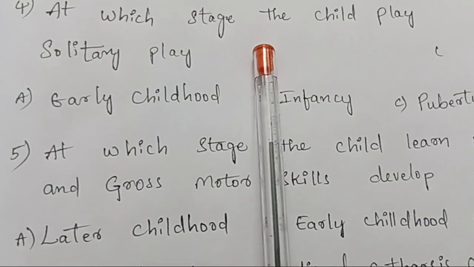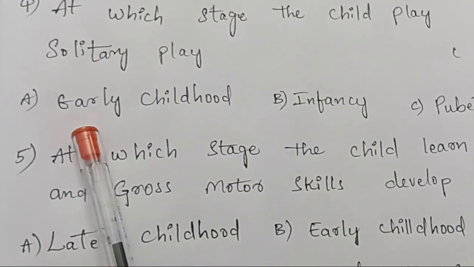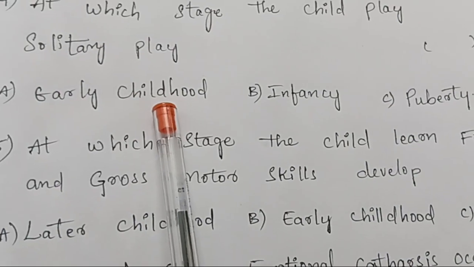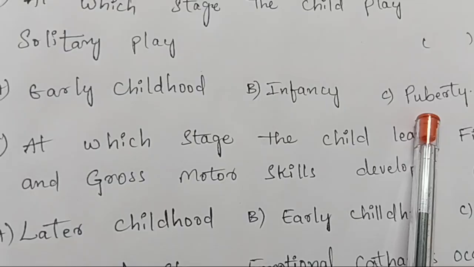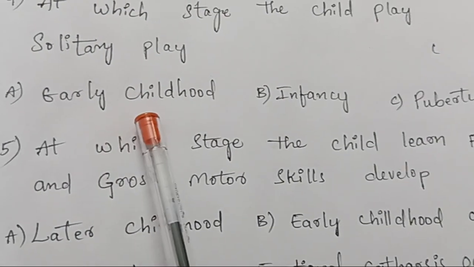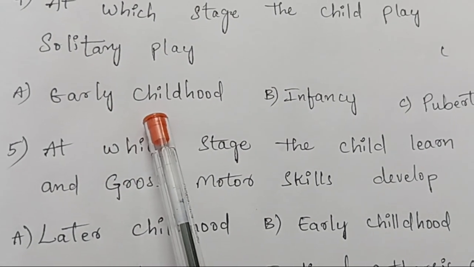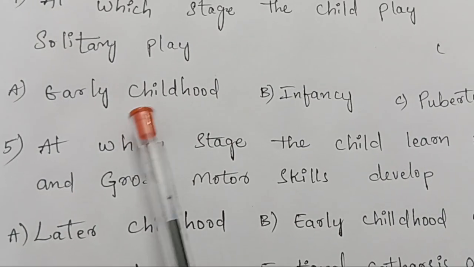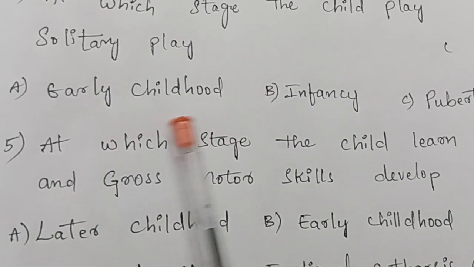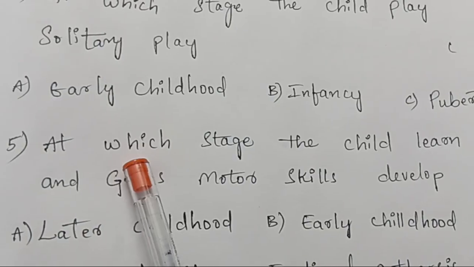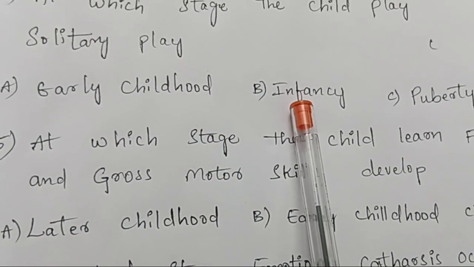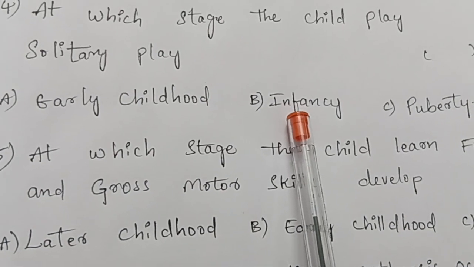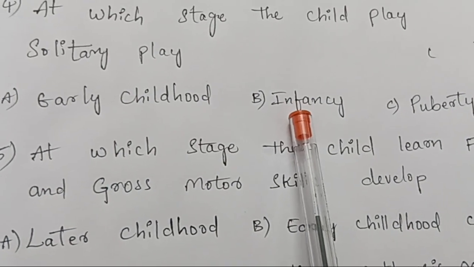At which stage? Let us see the options. Early childhood, infancy, puberty. So, in early childhood, we have discussed that there are parallel play and associative play and cooperative play. But in the infancy stage, from the previous video, we have discussed, right?